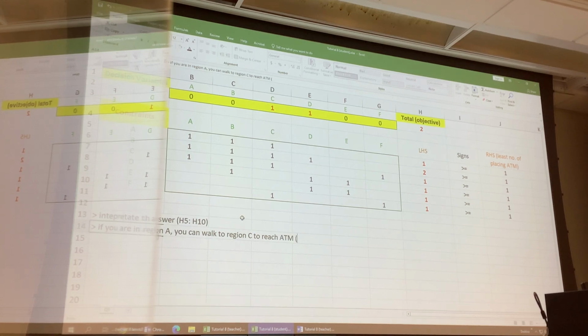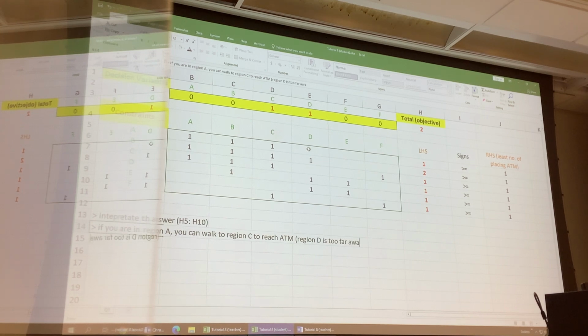Because we only have 2 ATMs, that is region C and D, and as you can remember, region D is too far away, right? It exceeds the 10 minutes time.